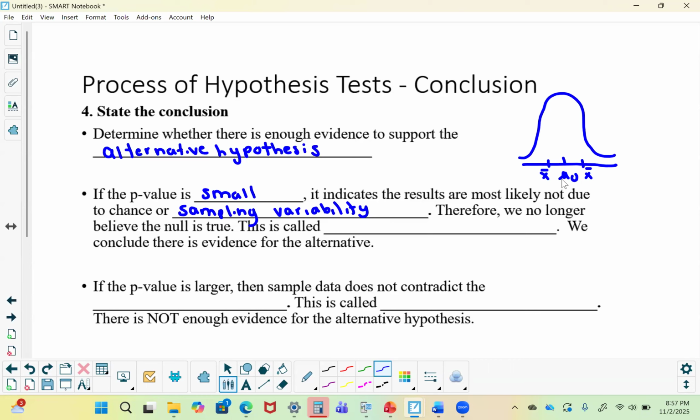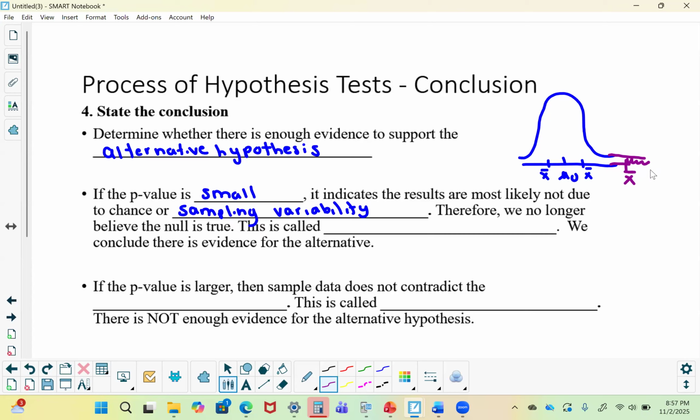That's probably due to sampling variability. But if I do my sample and X bar is all the way over here, and the probability of getting that X bar, assuming that the null is true, is very tiny, that indicates it's most likely not due to chance. It indicates that this null value is probably not true.